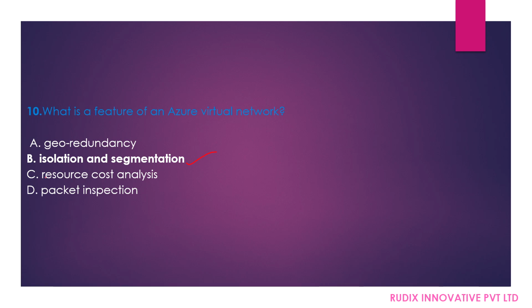Option D, packet inspection, involves examining the content of network packets for security, which is not a primary feature of an Azure virtual network. So, the Azure virtual network feature is isolation and segmentation of resources deployed within it.